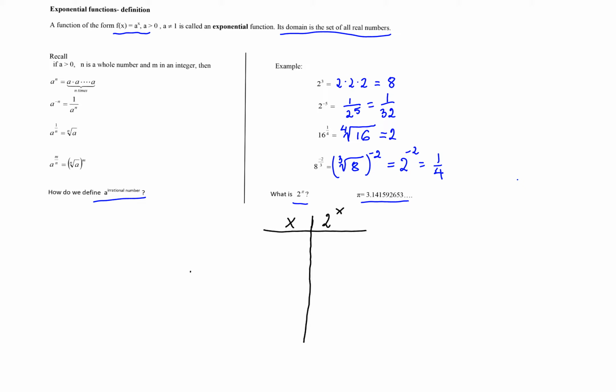Well, first we notice that because pi is that irrational number that will never repeat or never end, we can form a sequence of numbers, starting, for example, with 3 and going with the next digit of pi, 3.1, then the next 2 digits, then the next 3 digits, and so on.